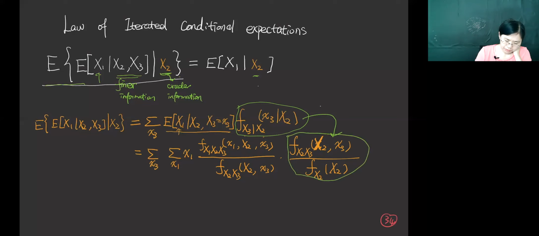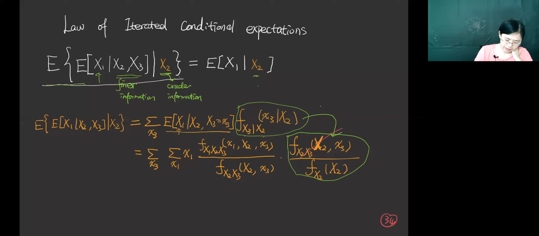So this conditional expectation is written as this ratio. Well, this ratio is the conditional expectation of x1 given x2, x3. Now that we have written everything out, we can realize that this x2, x3 marginal distribution can be canceled out.